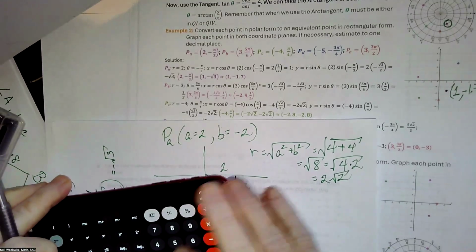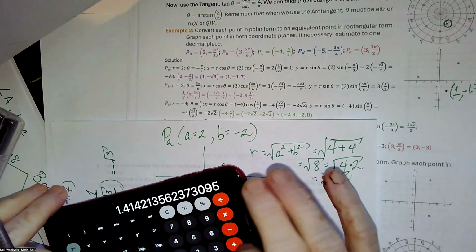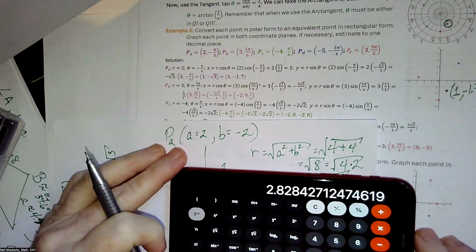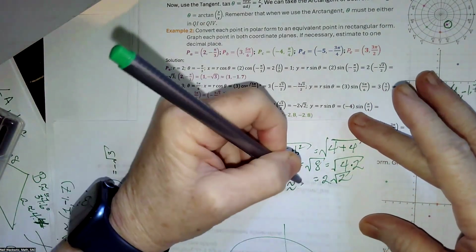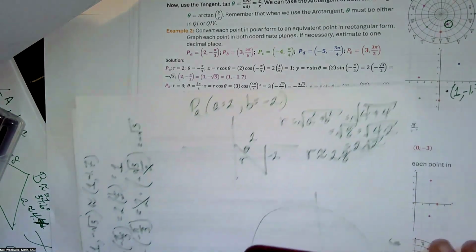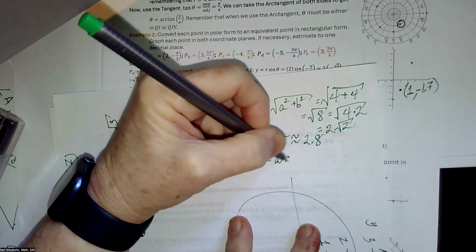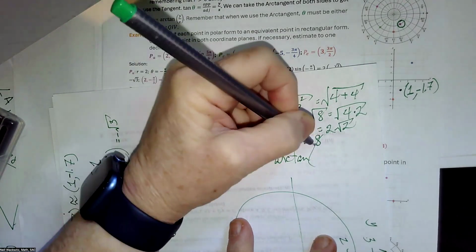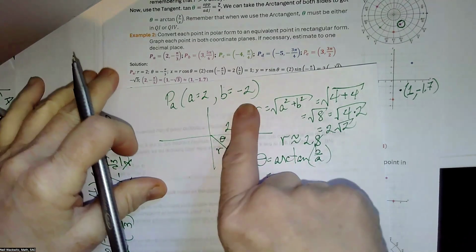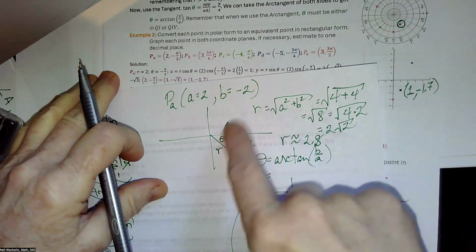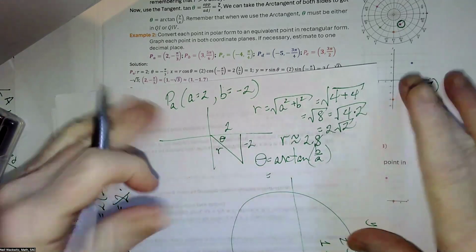And 2 times square root of 2 is approximately 2.8. So here r is about 2.8. Now we know that theta is the arctan of b over a. Well, b divided by a, they're the same number but opposite sign. So 2 divided by 2 is 1, and a negative is left.